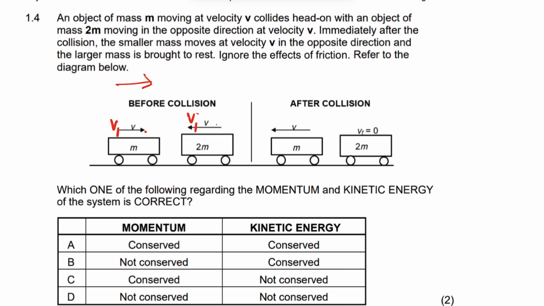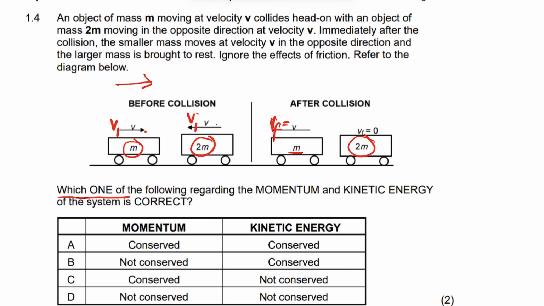And then when they collide with each other, the object m moves in the opposite direction from where it came, so this final velocity is negative. And the object 2m goes to rest. So you can see here that it is a before and after collision.